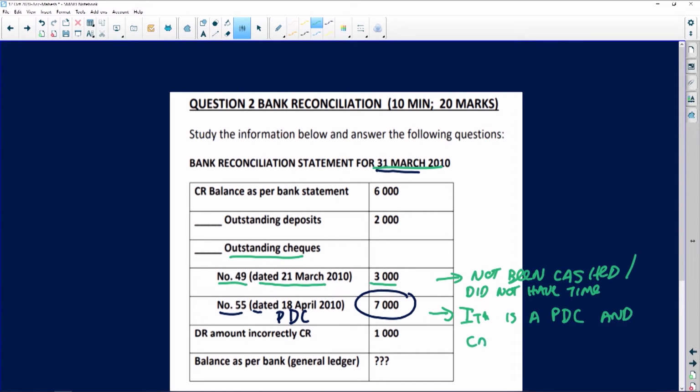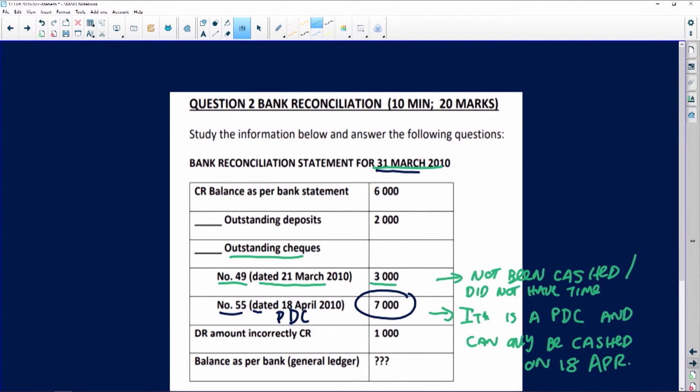So the check itself can only be cashed on the 18th of April. As you can see, two very different reasons. The first check, the person is probably a bit too lazy to go to the bank. The second check, they cannot go to the bank until the 18th of April.